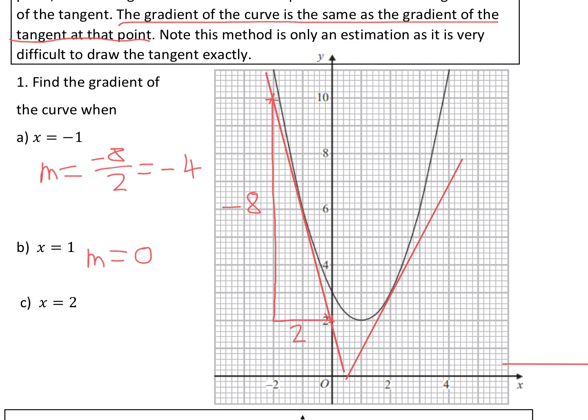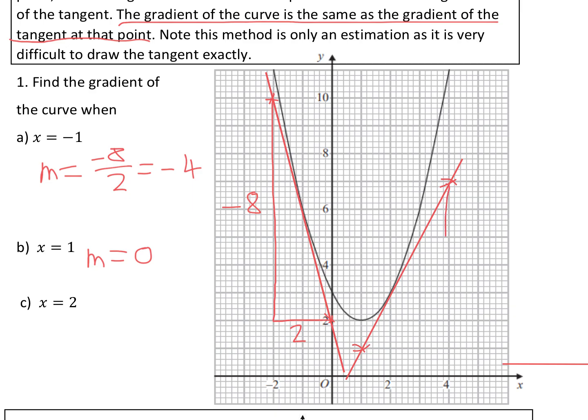We then need to pick 2 points carefully that are going to be easy to calculate the gradient. So I'm going to choose this point up here at the top. That's the point 4, 7. And then the point here is 1, 1.